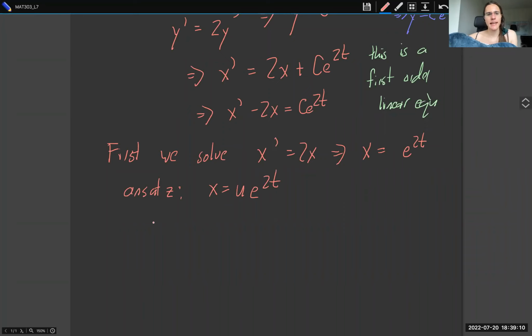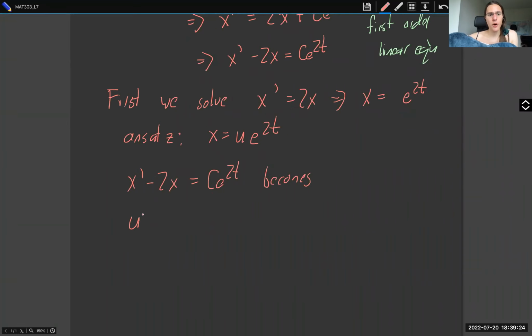And so what we get then is that x prime minus 2x equals c e to the 2t becomes u prime e to the 2t plus 2u e to the 2t minus 2u e to the 2t equals c e to the 2t. And so as a consequence, we divide by e to the 2t on both sides, and u prime is equal to c, right?